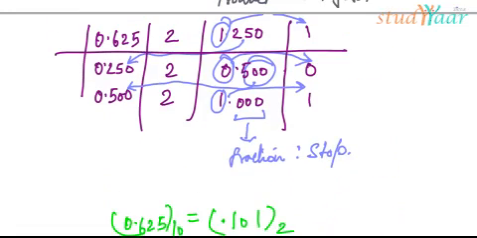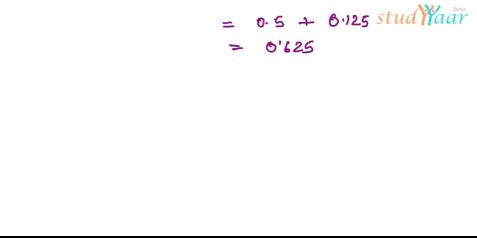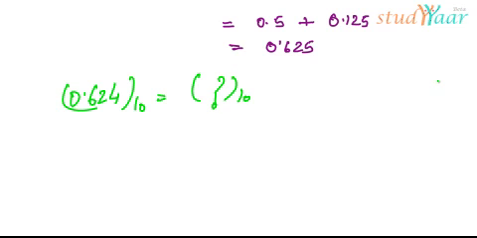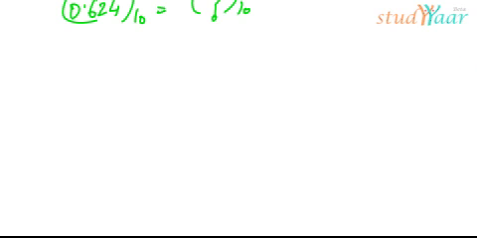But understand one thing: you might not always get 0, 0, 0 over here. For example, let's suppose I had 0.624 and I wanted to get the equivalent binary number. I would write it like this. Multiply it by 2, I get 1.248.